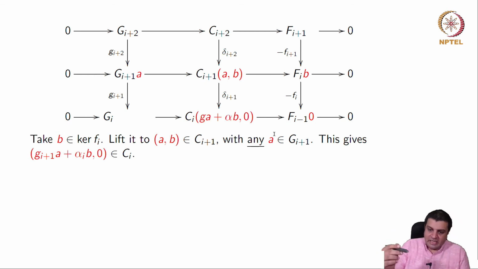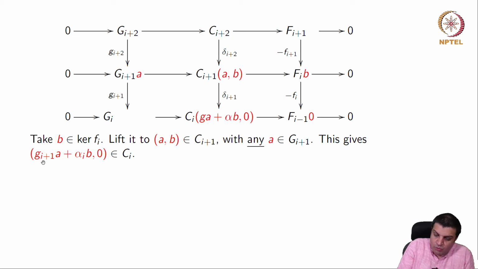Let's apply delta. Let's come down to this map. If you come down to this map, G gets applied to a because a came from this. Alpha gets applied to b because alpha came from here. b came from here. And then for the second component, f gets applied to b.